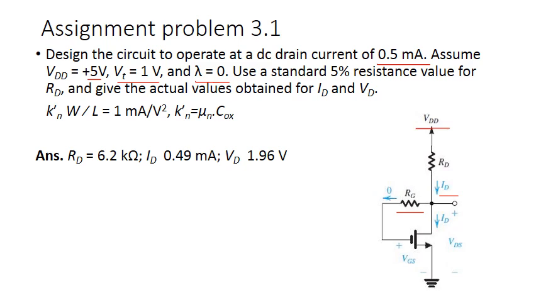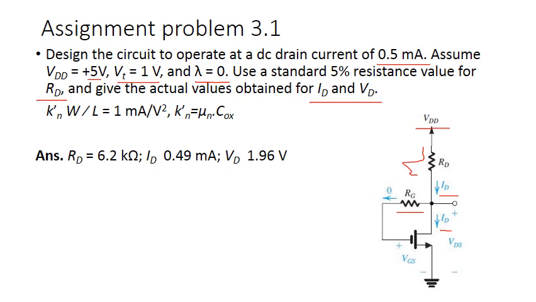Lambda is assumed to be 0. Use the standard 5% resistance value for RD. So RD can be selected as a particular value, and give the actual values obtained for ID and VD. Earlier the value given for ID is 0.5 and VD is given. Now we have to find out the actual values.